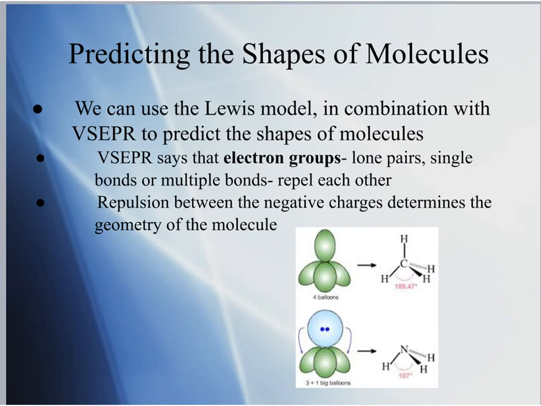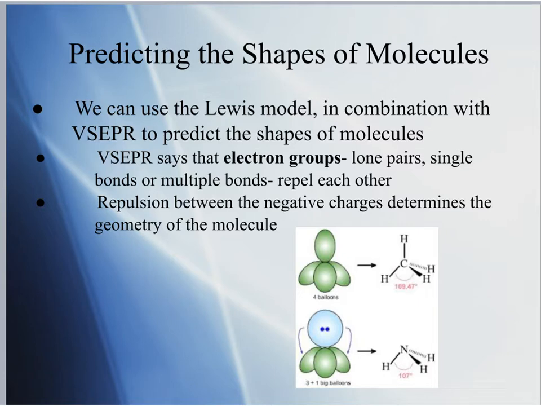So in the early part of this chapter, we were introduced to the Lewis model, or Lewis dot structures, which is a way to picture how covalent bonding works. We represent the valence electrons as dots, and then with those dots, we arrange them and see how bonds are being formed between 2 atoms.